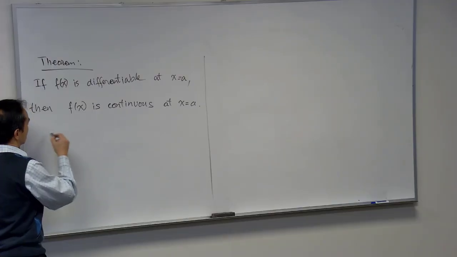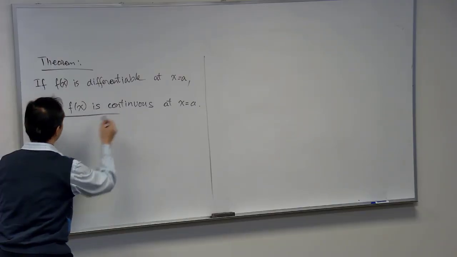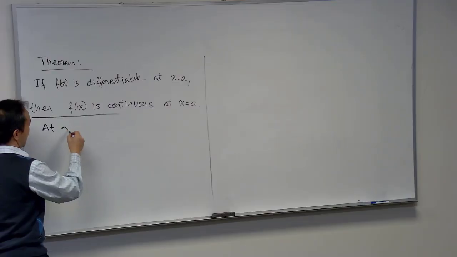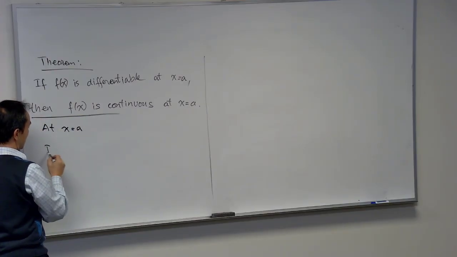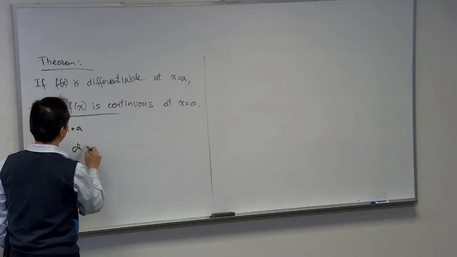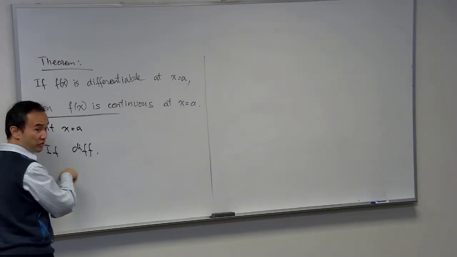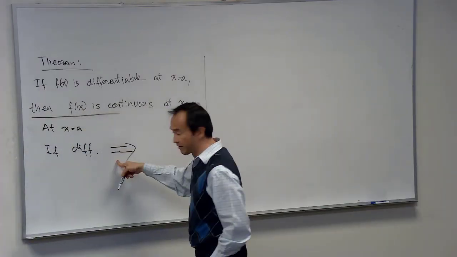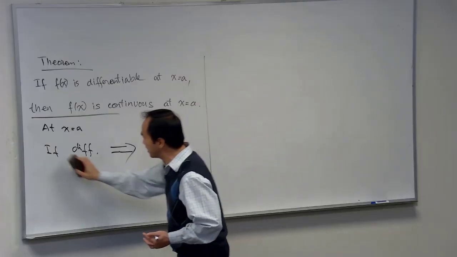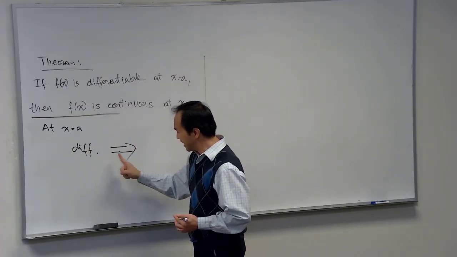In a shorter way of describing it, at a given x value equals a, if differentiable, that's one condition. I don't even have to write the word if; now the arrow just goes one way.